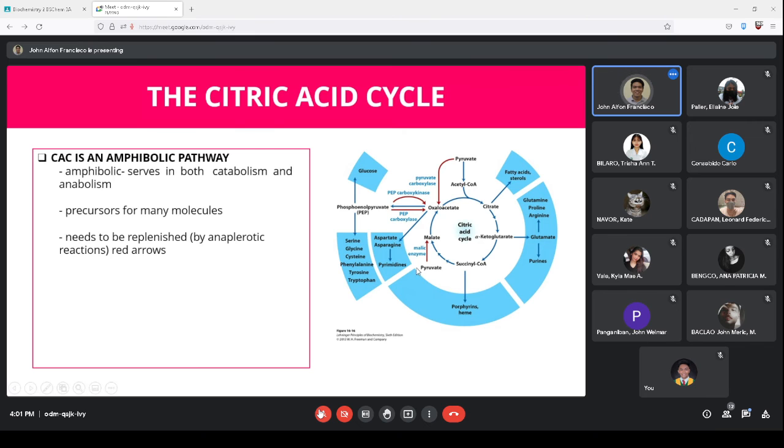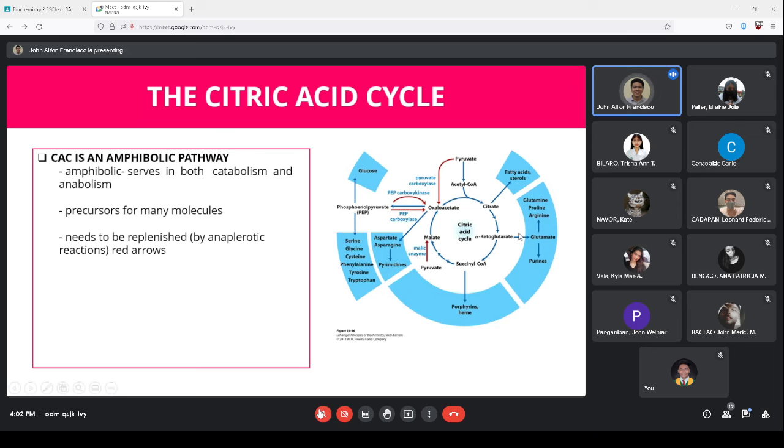Si malate, and for example, si pyruvate din, pwede siya mag-enter to citric acid cycle as malate. Si oxaloacetate, it can be used to form another type of amino acid, aspartate and asparagine, to produce naman pyrimidines. Pyrimidines and purines are very important components as they are the nucleic acids to form your DNA or RNA.